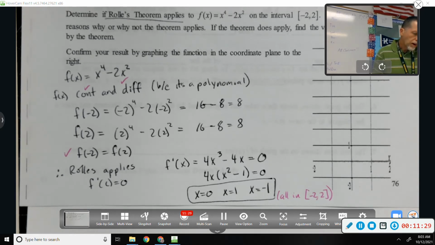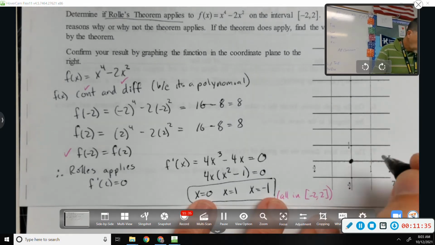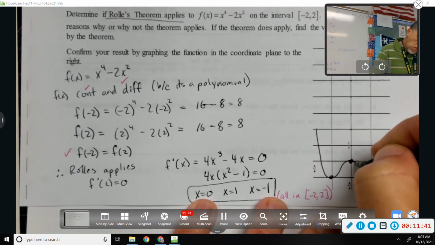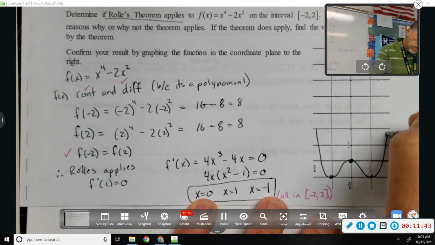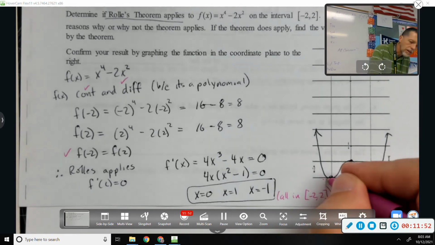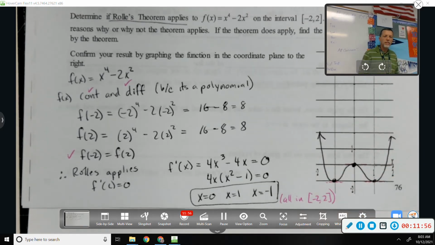Confirm your result by graphing the function in the coordinate plane to the right. Well, you can trust me. This is what the graph looks like. Something like that. And so, sure enough, there are 3 places that have a horizontal tangent line.